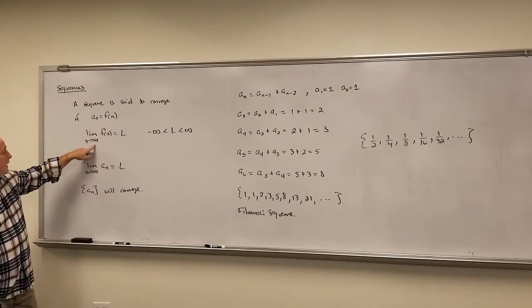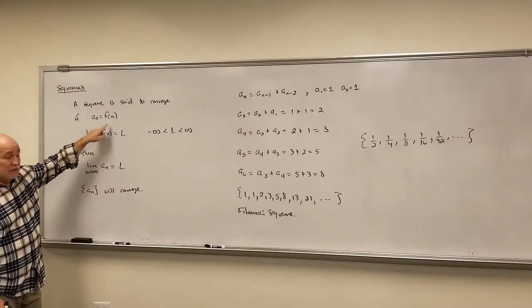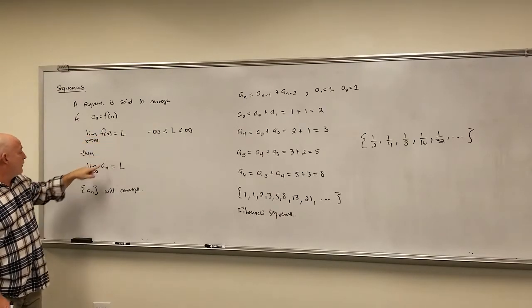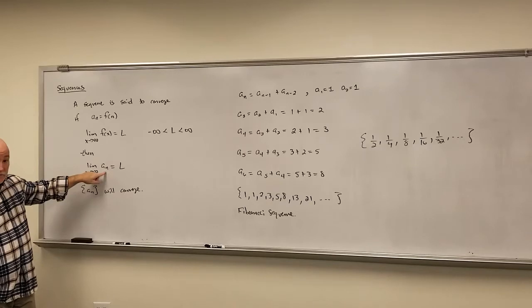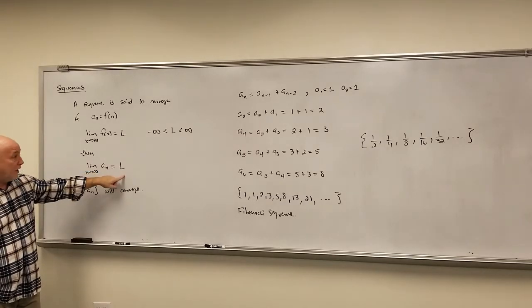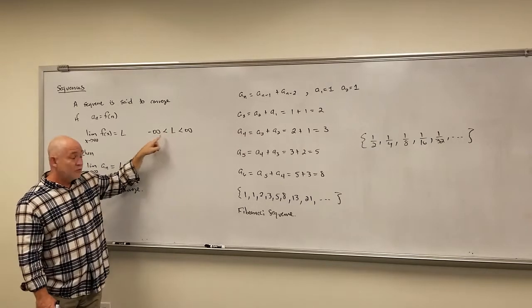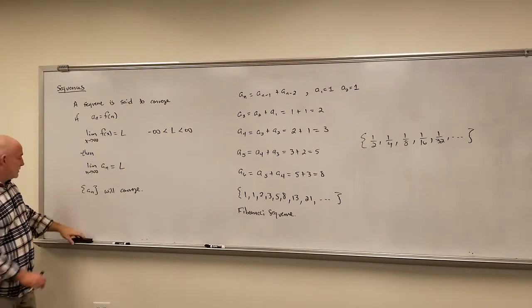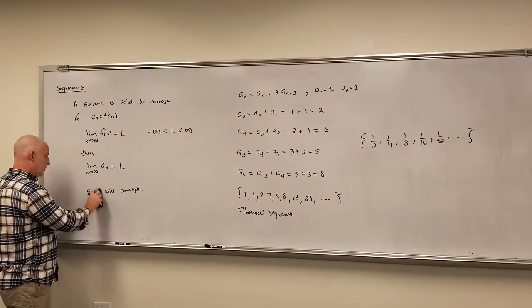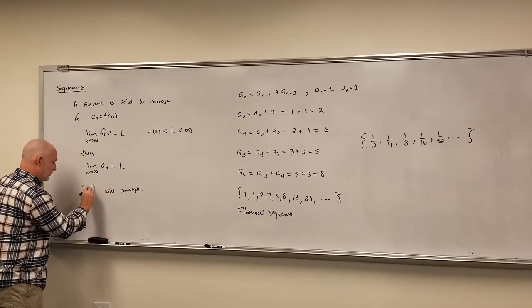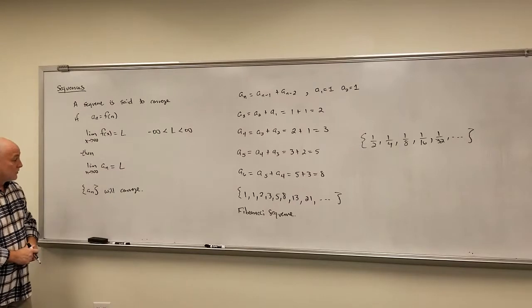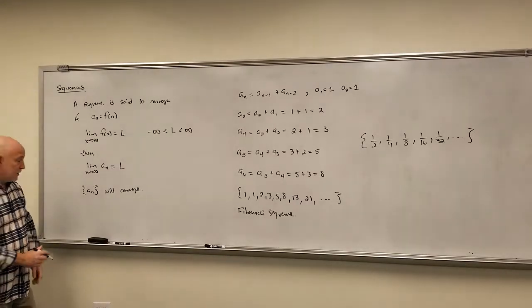Well, if the limit as x goes to infinity, because we need a continuous variable here to do the limit, is equal to L, then the limit as n goes to infinity of that sequence will also go to L. As long as L falls between negative infinity and positive infinity, we say that the sequence, and these are curly brackets, this is generally how we show a sequence, then the sequence a sub n will converge. So what does it mean to diverge?